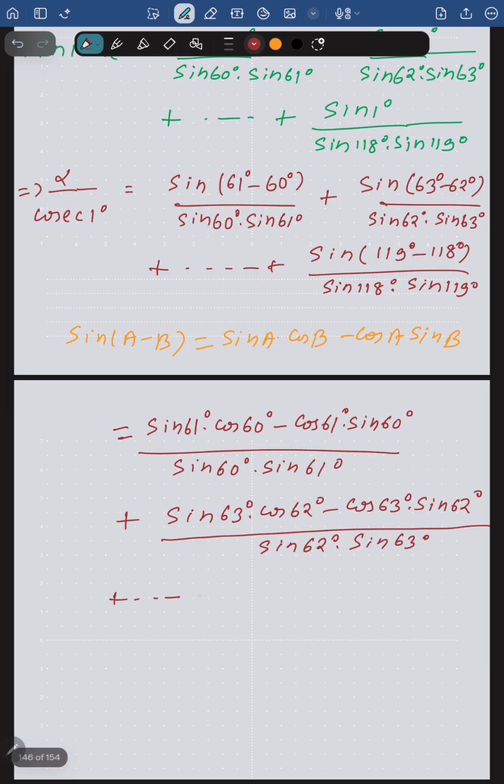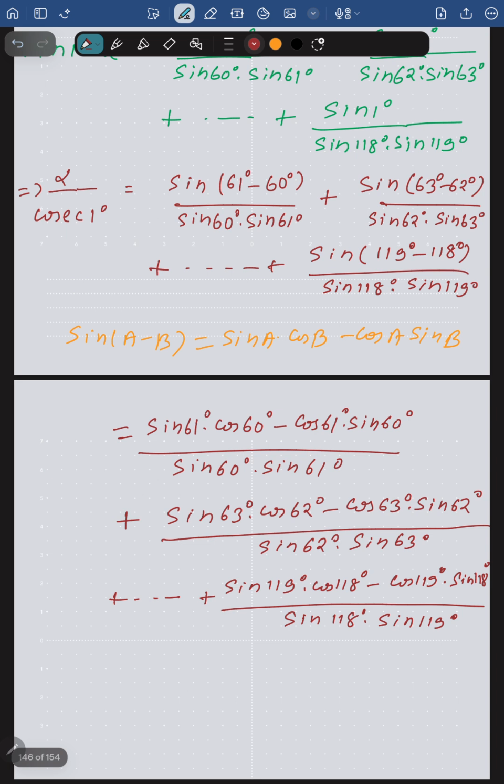Again the last term will be written as sine 119 degree into cos 118 degree minus cos 119 degree into sine 118 degree divided by sine 118 degree into sine 119 degree.